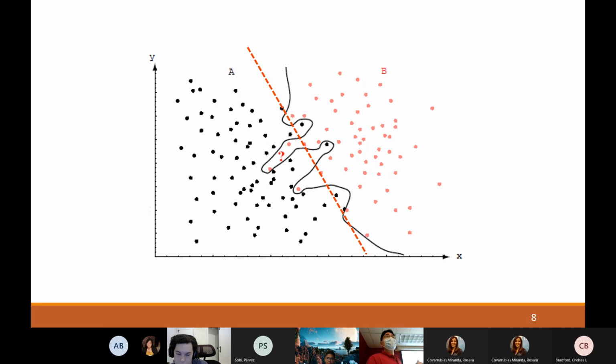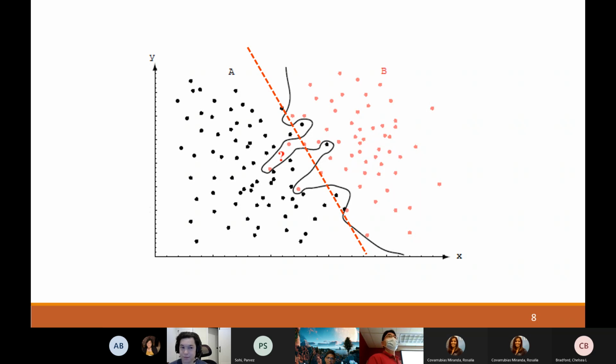But if you keep increasing the power of that model, you start going to a curvy line where it makes no mistake. That's great for the training set. But can you reasonably trust this model and throw in other points that you don't know the actual label, and hopefully this line will get all the points in these regions correctly?